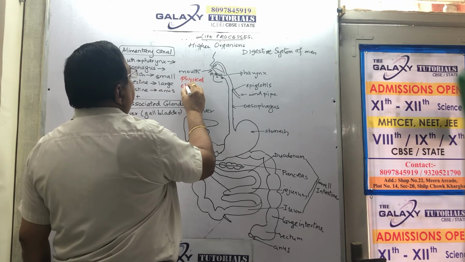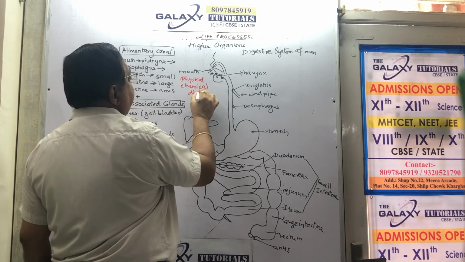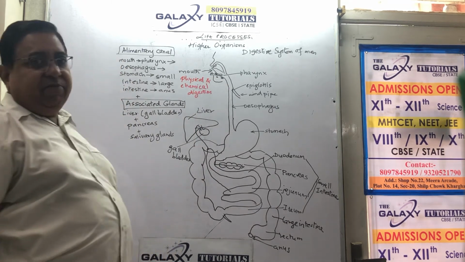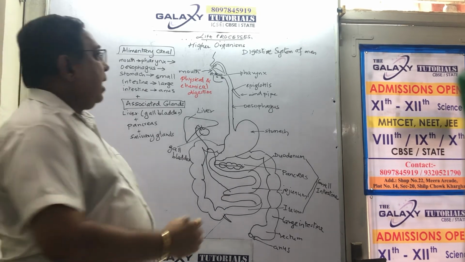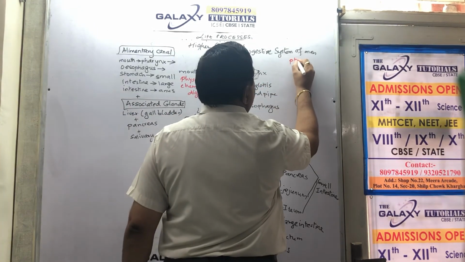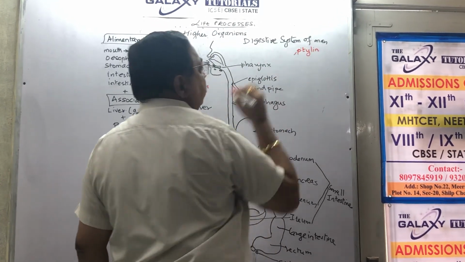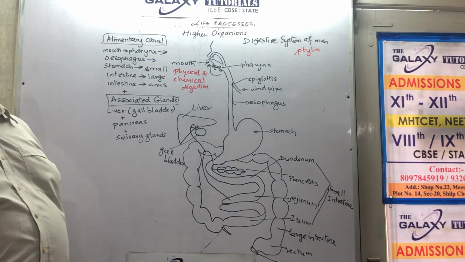We have chemical digestion, we are supposed to have. We have saliva, and saliva contains ptyalin. Ptyalin, we will see later also. Ptyalin, P is silent, we don't pronounce the P. And this will digest the starch.